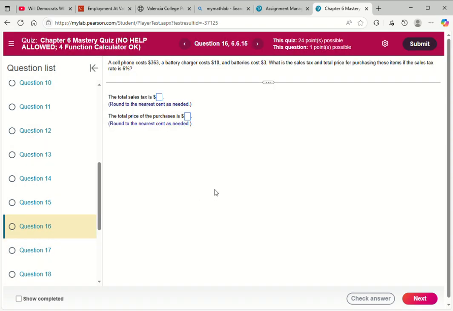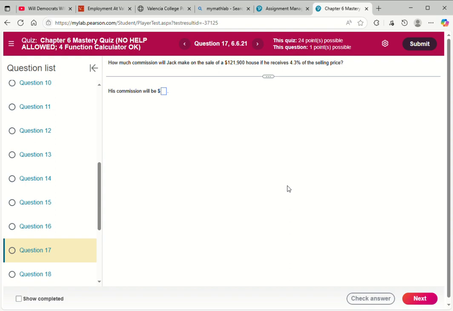Question number 16 says a cell phone costs $363, a battery charger costs $10, and the batteries cost $3. What is the sales tax and total price for purchasing these items if the sales tax rate is 6%?